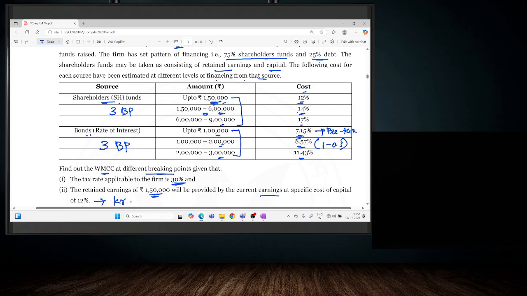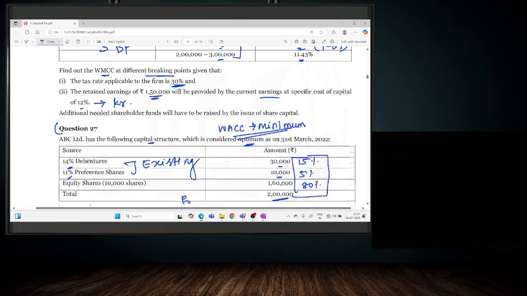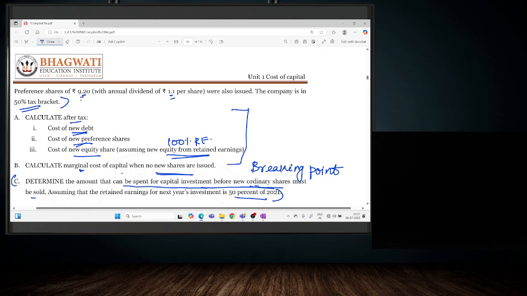But if your shareholder fund exceeds 1,50,000, let's say you want shareholders fund of 1,60,000, you can use 1,50,000 of retained earnings. For the extra 10,000, the company will issue additional equity shares. So that will change the cost of equity, right? So 1,50,000 is the point, the range, at which the cost of equity is changing. Similarly, in this question also, retained earnings is the point or range at which cost of equity is changing. You're all getting the point.